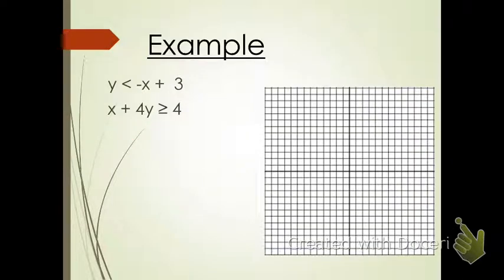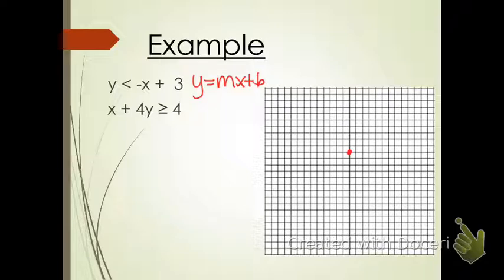So here's our first example. y is less than the opposite of x plus 3. That's in y equals mx plus b form. Recall that your first step to graphing an inequality is to pretend like it's an equal sign. So pretend like it's y equals the opposite of x plus 3, which means that the b value is 3, which means that this graph has a y-intercept at the point (0, 3).